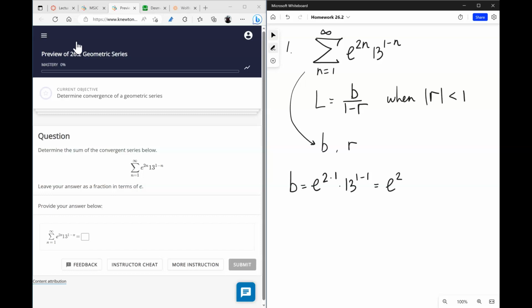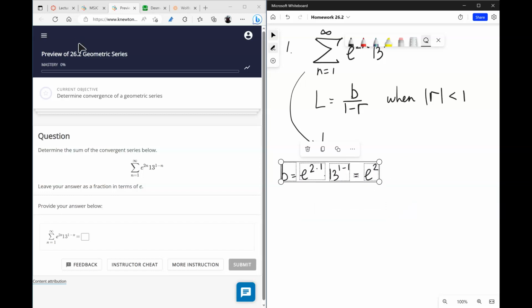Let me show you one, and I'll show you the alternative approach later. Now, if you want to find r, let's just plug in n equals 2.